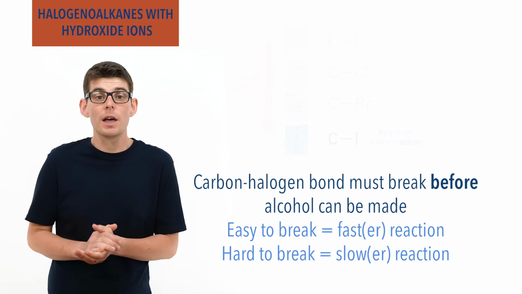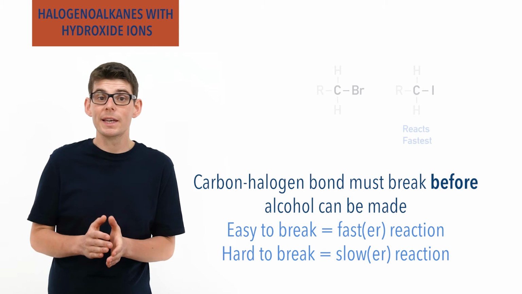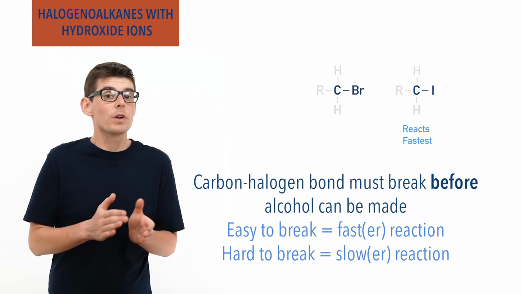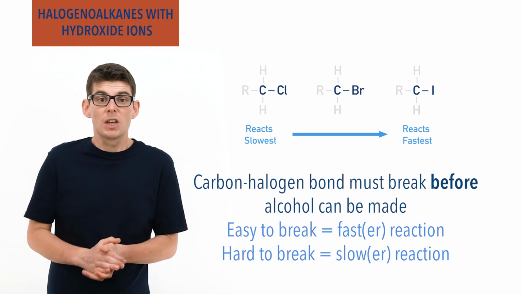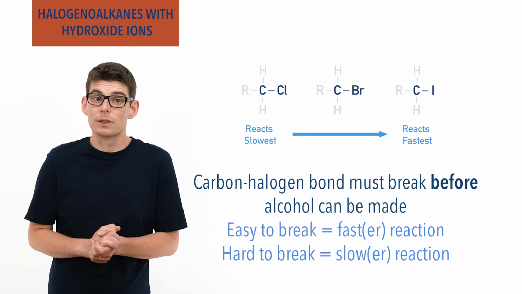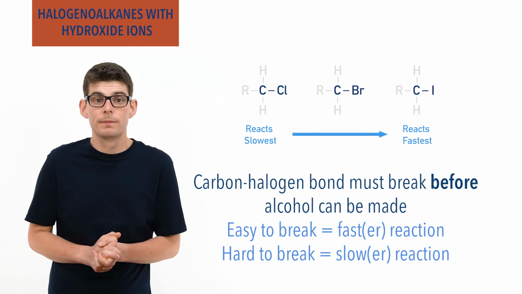As a result, iodoalkanes will react more quickly than bromoalkanes, and bromoalkanes will react faster than chloroalkanes. Carbon-fluorine bonds are so strong that fluoroalkanes won't react at all to form alcohols.